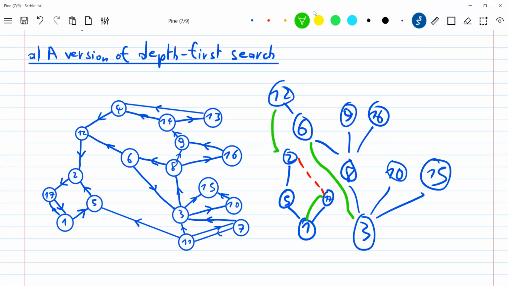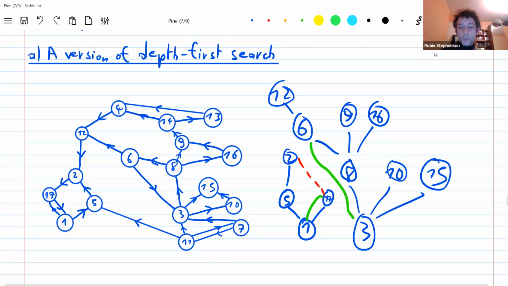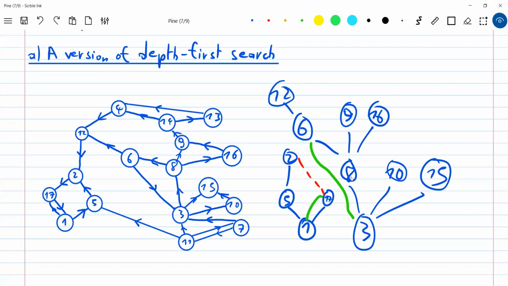Sorry, may I ask a question? Shouldn't it be red? I said left and right. Left and right is not good. 3 occurs before 6 when you do the depth first exploration, and that's why it's green. But 17 is after 2 if we do depth first exploration. Right.